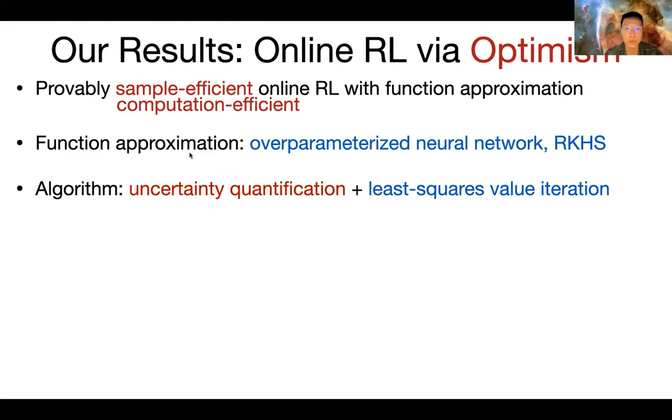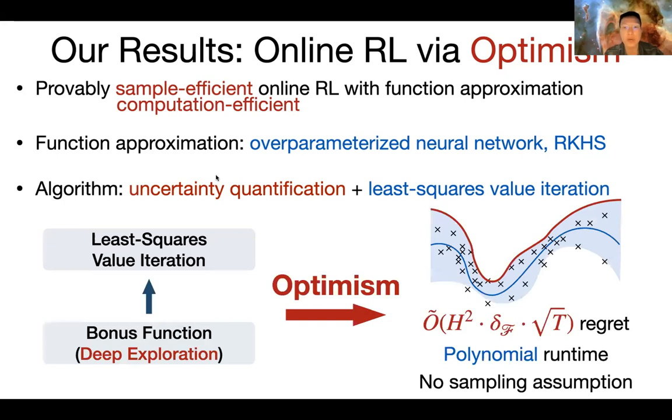Instead of using the least square point estimators, we propose to additionally quantify its uncertainty, and this uncertainty of the point estimator actually reflects the uncertainty we have about each particular state action pair, and this gives us the information about exploration.